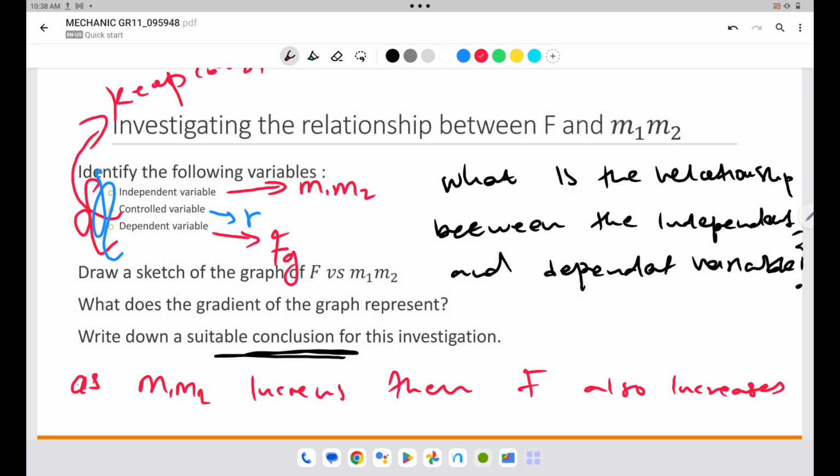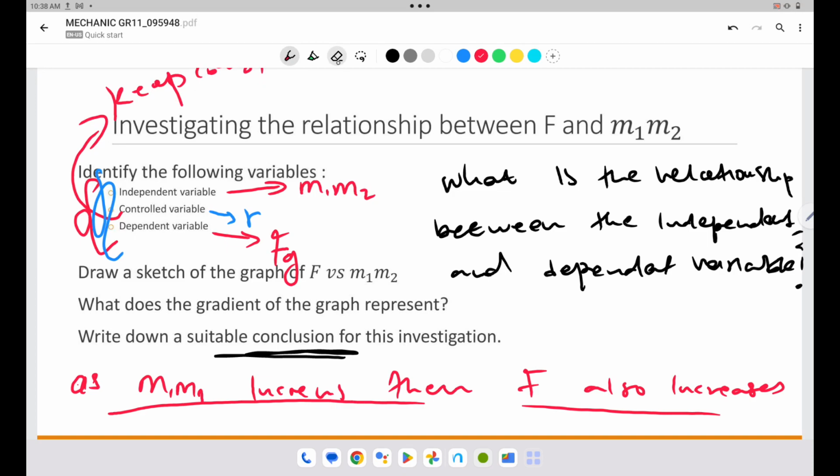And it is not true to say when F increases, the product of the masses also increases, because you make it sound as if the product of the masses depends on the force. So always follow cause and effect, because there are cases where we need to write the conclusion in the form, when this increases, then the other one increases.